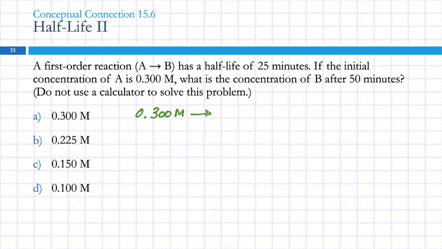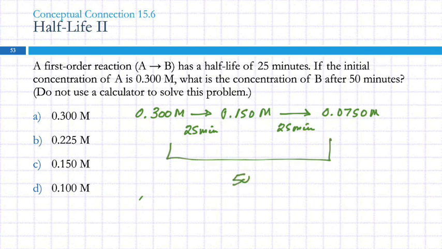After 1 half-life, it's going to be 0.150, right? How much is a half-life? 25 minutes, right? So if we do another half-life, another 25 minutes, now we're going to get 0.0750 molar. So total elapsed time, 50 minutes, and that's what it asked for.